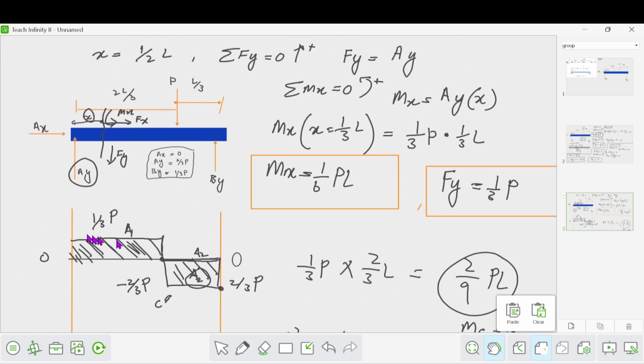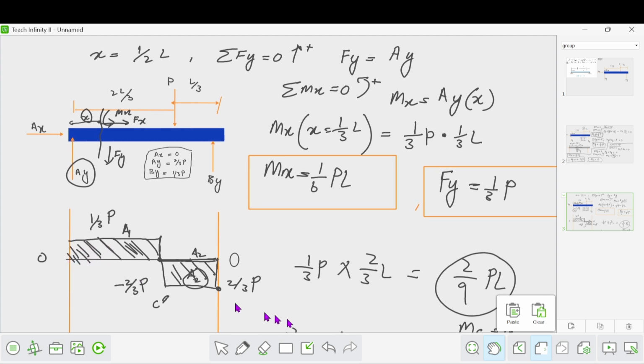And how can you find the shear force? First of all you have to find the reaction forces, and I have found this reaction force Ay. So Ay was 1 divided by 3P. This is a point load, there is no loading, so it will be horizontal up to this point load.